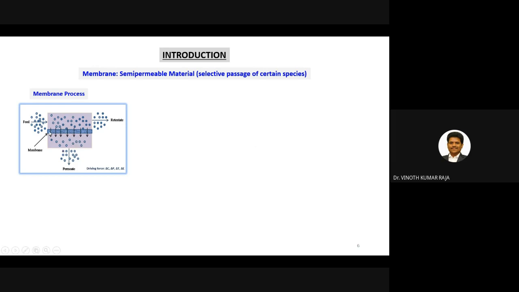In between, some material is placed, which is called a semi-permeable membrane. It's a solid membrane that will allow certain solids or solvent to pass through and retain some of the solids over the surface of the membrane. So this is the concept.